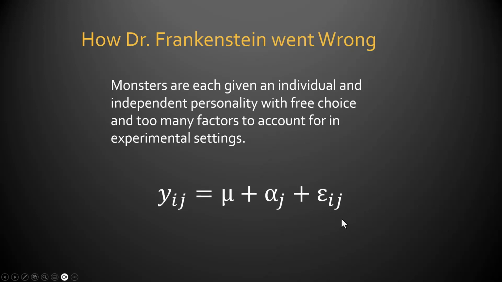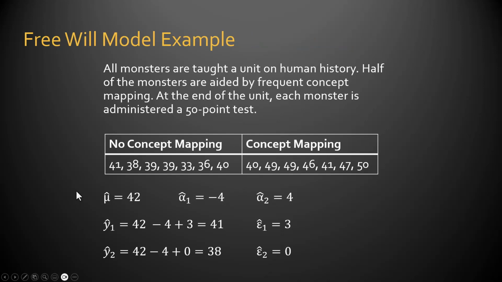Now note that I called it a one-factor randomized design here because we randomly placed monsters into conditions. But if we had observed monsters in existing conditions, if I had gone to a class where these monsters were in the no concept mapping and I had nothing to do with that, and I found another class with monsters in it in the concept mapping and I had nothing to do with it, then I wouldn't call it a one-factor randomized design.